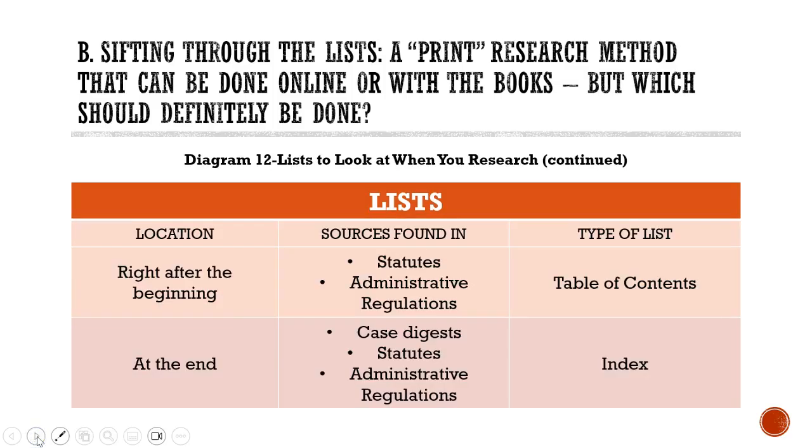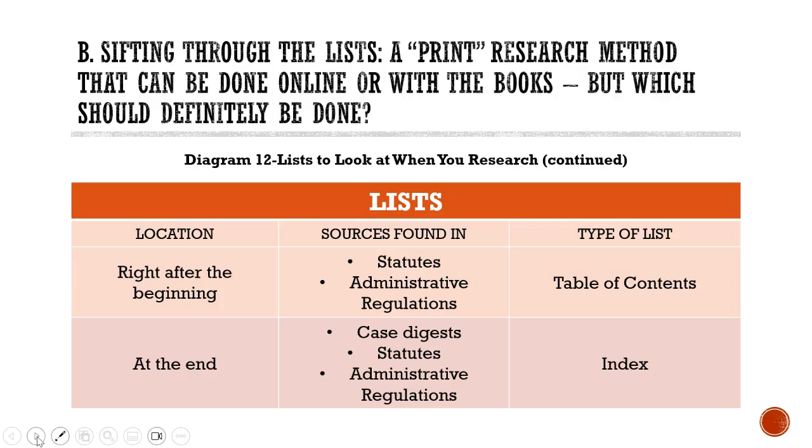This diagram is also from the textbook, diagram 12, on when to look at which list. Right after the beginning and at the end, you find lists. We have sources found in statutes, and administrative regulations are useful here, and your type of list would be maybe the table of contents.